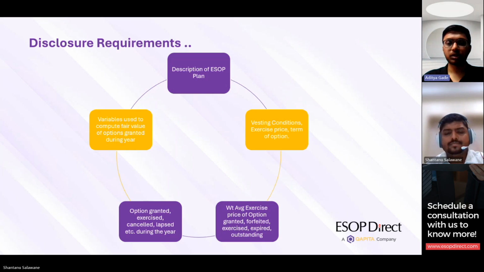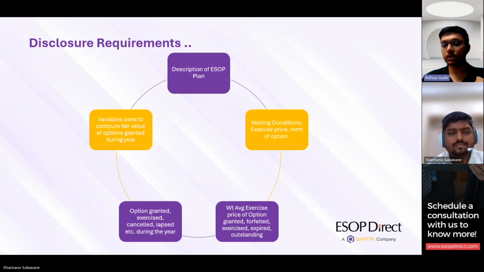Then other important things are options granted during the year. Regarding options granted specifically, there is a specific requirement by Ind AS: how many options are being granted to a particular employee, which in total is more than 1% of paid up capital. So let's take the previous example, 100 total shares, 10% is the pool.